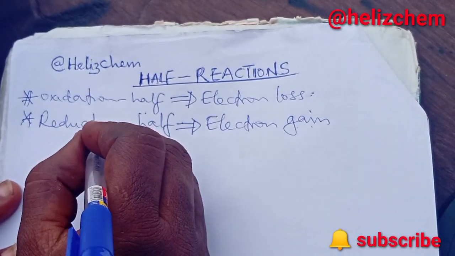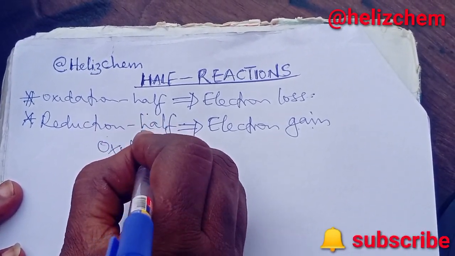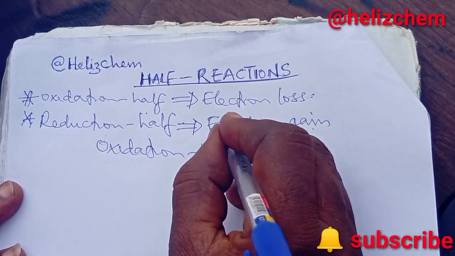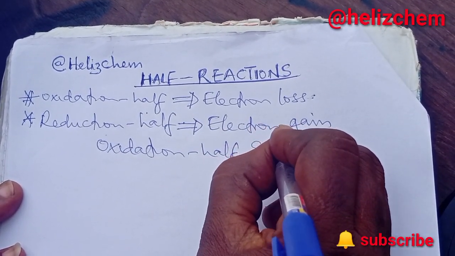Let's take it one by one. Let's look at the oxidation half. How will you write an oxidation half equation?